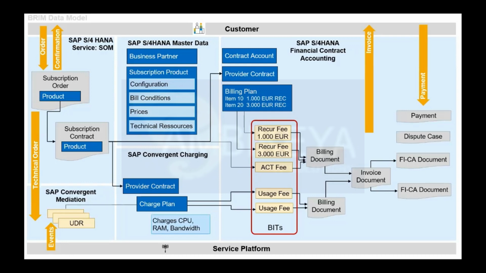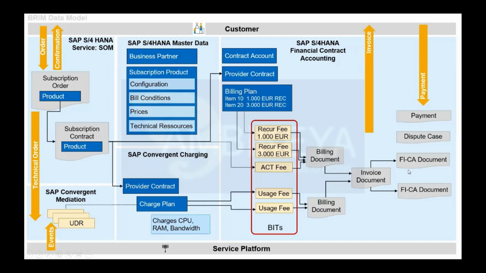In case we have a customer who needs revenue recognition and reporting, we also have the possibility to integrate to BRIM the FIORA solution, which is more or less an additional accounting view on the already existing operational situation.